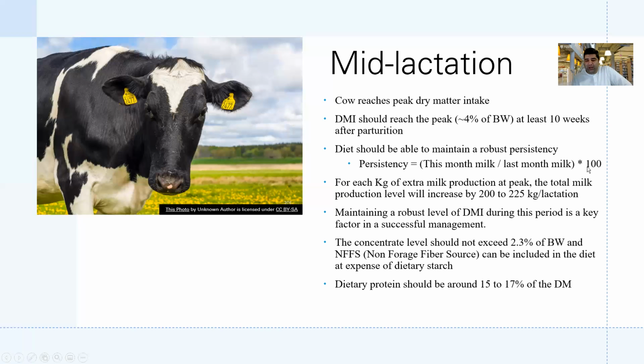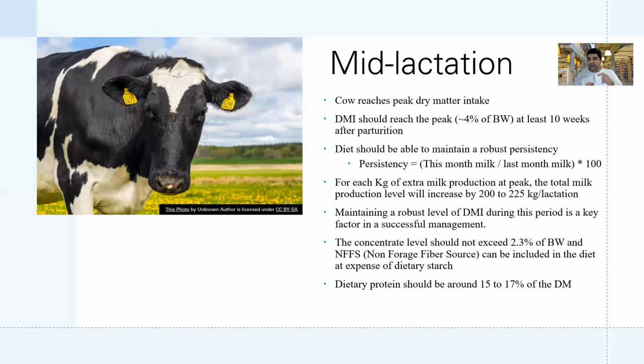Keep this in mind. For each kilogram of extra milk production at peak, the total milk production level will increase by 200 to 225 kilograms per lactation period. For example, let's say you have a cow with peak production like, I don't know, 47 kilograms.